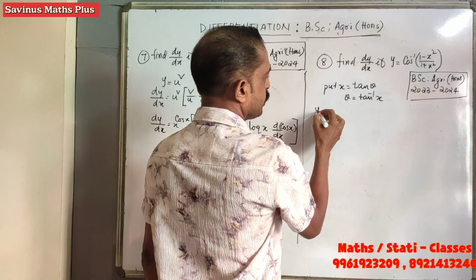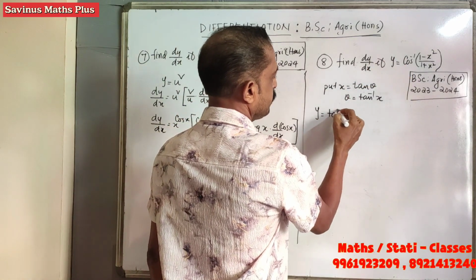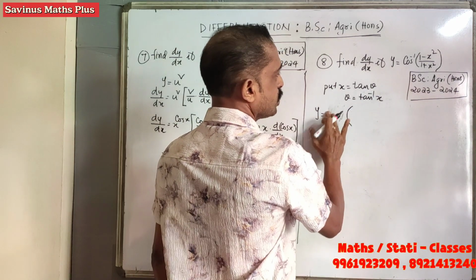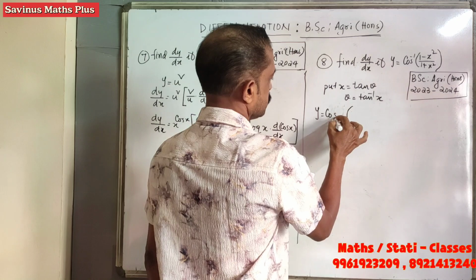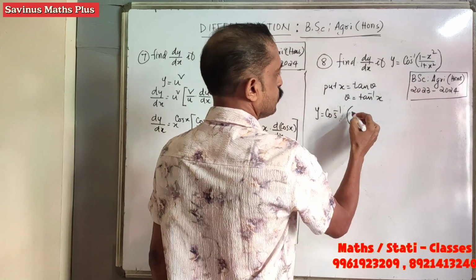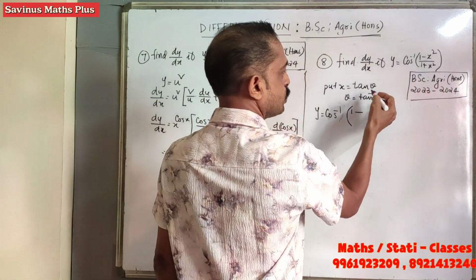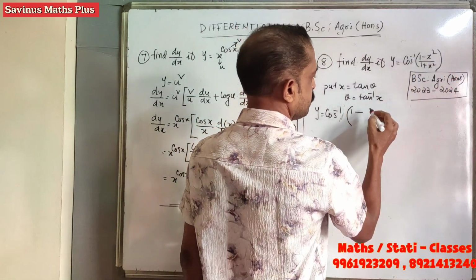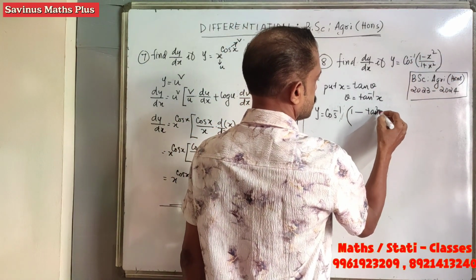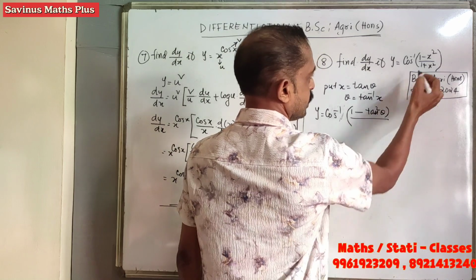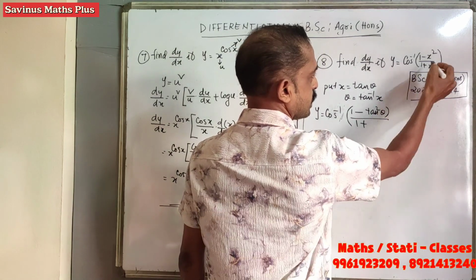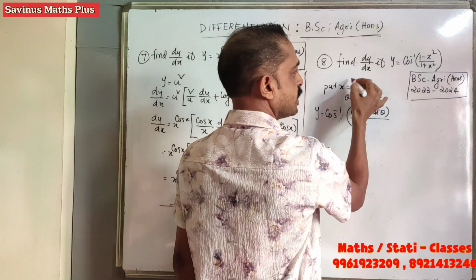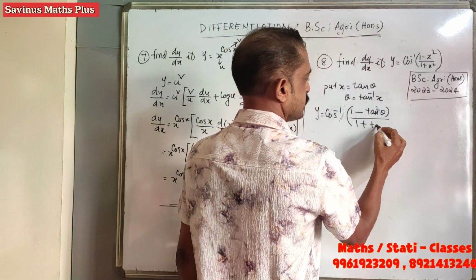Then y is equal to cos inverse of 1 minus, for x you substitute tan theta. So 1 minus x square means 1 minus tan square theta, divided by 1 plus, here also we have x square, x equal to tan theta, so x square will be tan theta whole square, that is tan square theta.